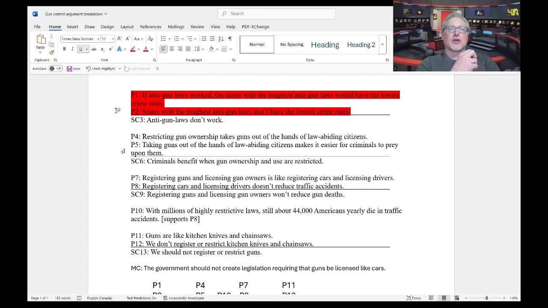It is having guns registered, and people need to have licenses to carry guns. So, similar to driving cars. Requiring licenses in order to own or carry a gun and registering the guns, does that take guns out of the hands of law-abiding citizens? Well, does it?